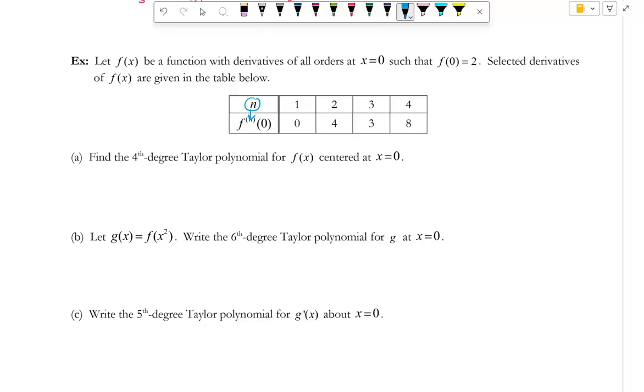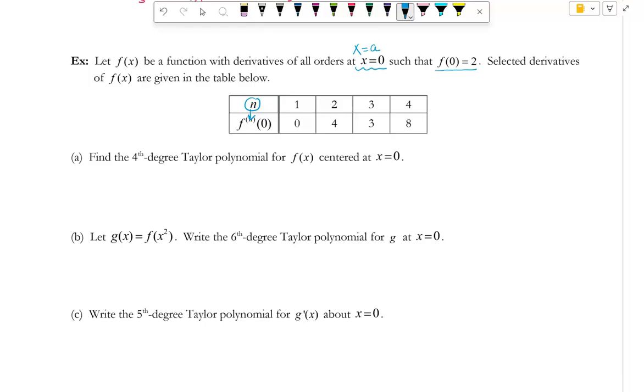Also, as I go back and read this question, f is a function with derivatives of all orders at x equals 0, such that f of 0 is 2. So I could think of this as being centered at 0.